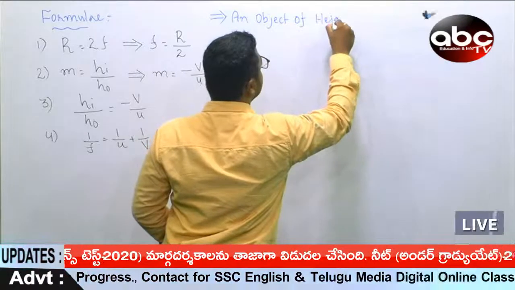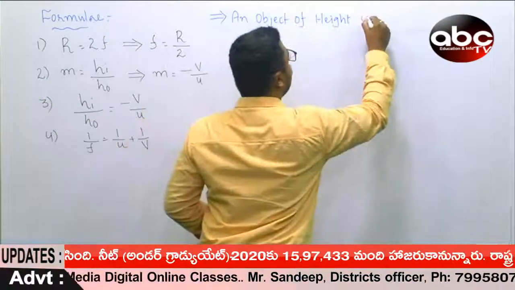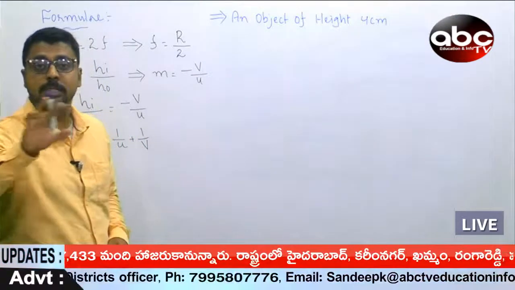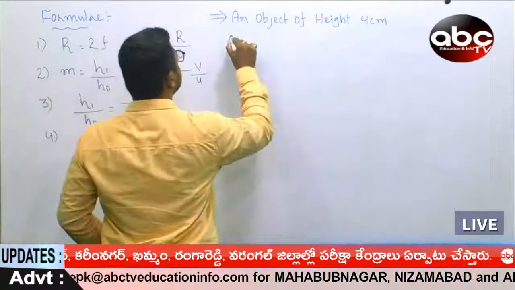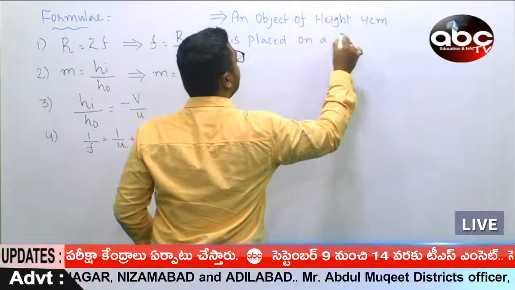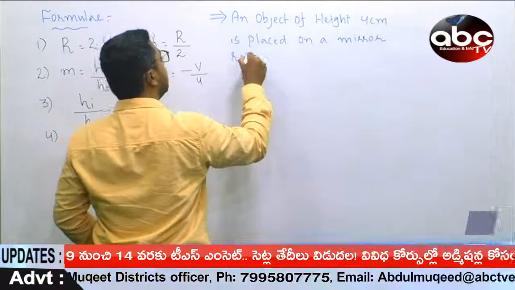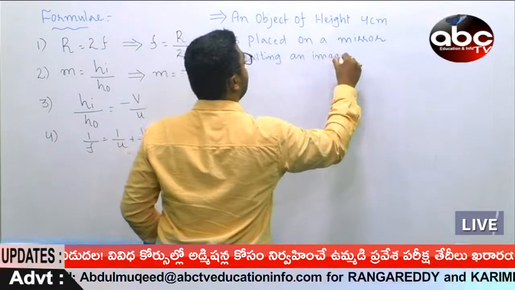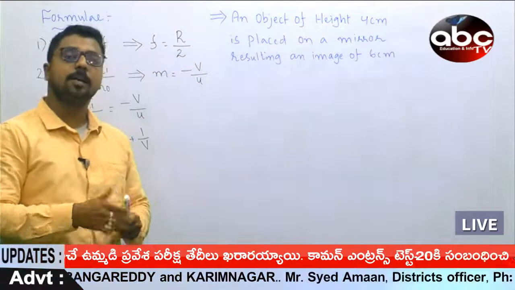An object of height 4 centimeters is placed on a mirror, resulting in an image of 6 centimeters.